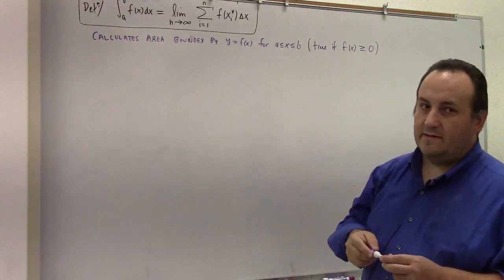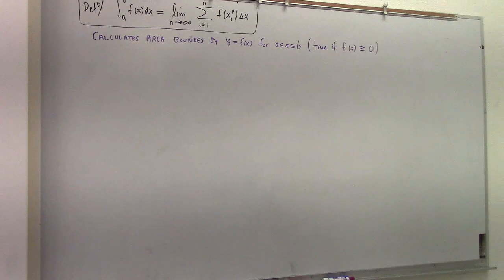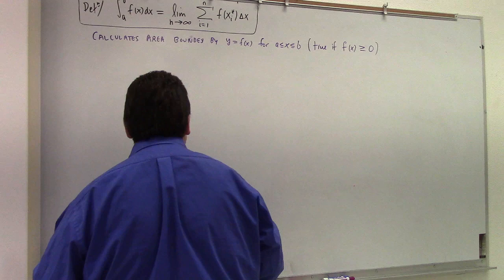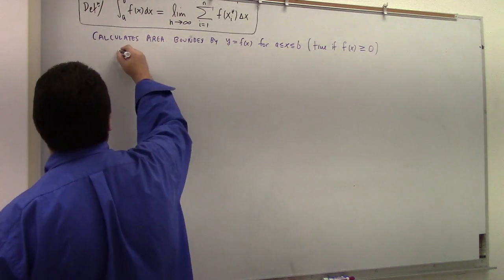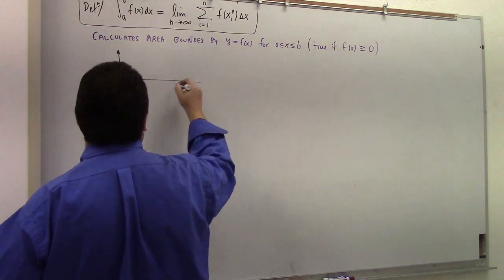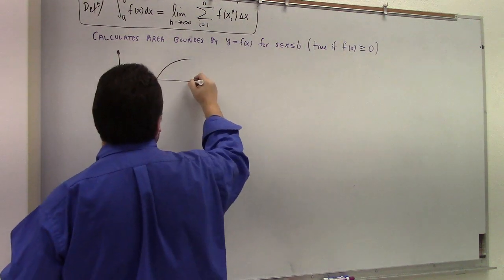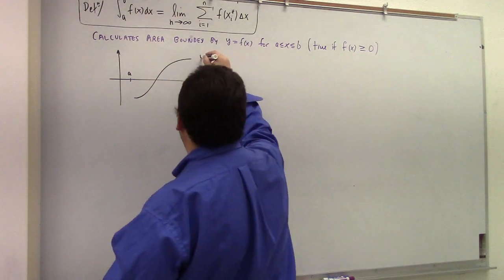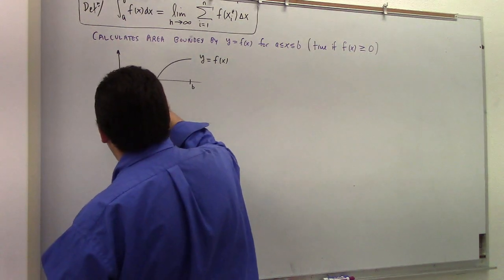But if f of x is negative, then this summation that we're looking at could be negative. Let me give you a picture. If the function looked like this, and this was my y equals f of x, we are assuming that f of x is continuous for the moment, there's no jumps in it.